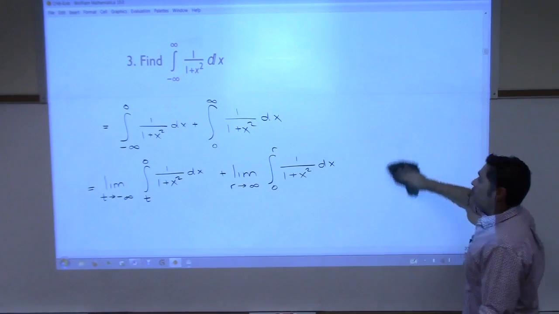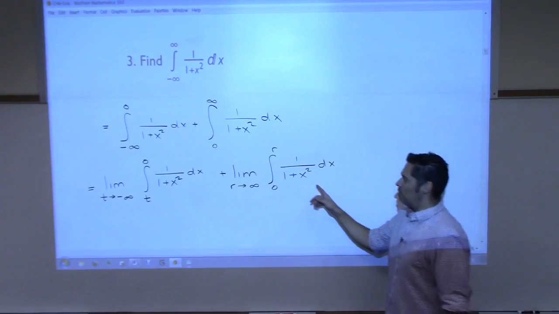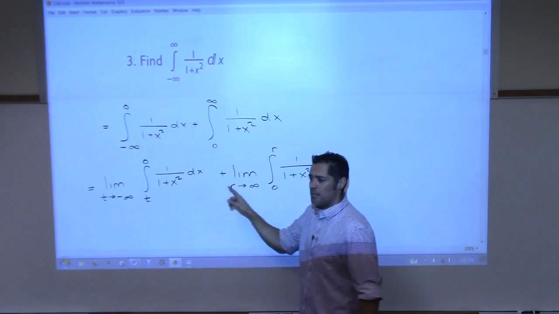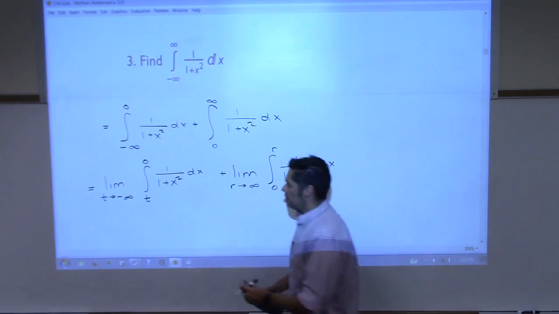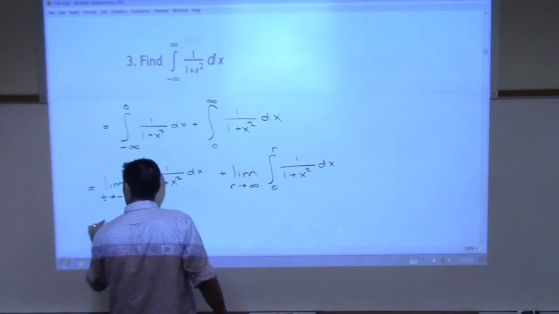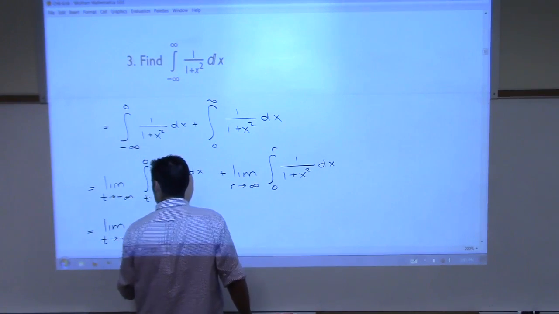All right, now what? Antiderivatives time. Any idea how you're going to integrate 1 over 1 plus x squared? Arctangent. That's arctangent, right? So hopefully you recognize that as arctan. So we're going to go directly to the formula. So we're going to have limit t goes to negative infinity.